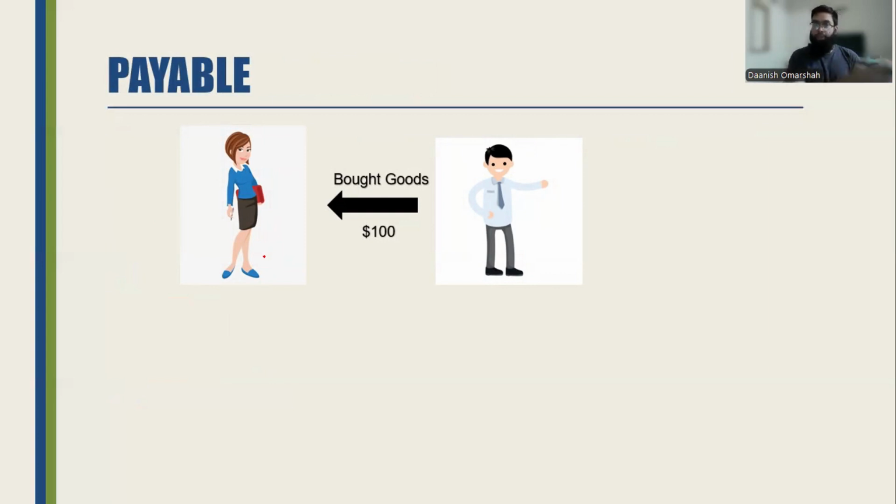I explained this in the current asset chapter. So now let's assume that Emily is John's supplier for years. So based on that relationship, John made a request. Can I take the product now and pay next week? Now, Emily acknowledges the fact that John is a loyal customer. She says, okay, I don't have a problem.